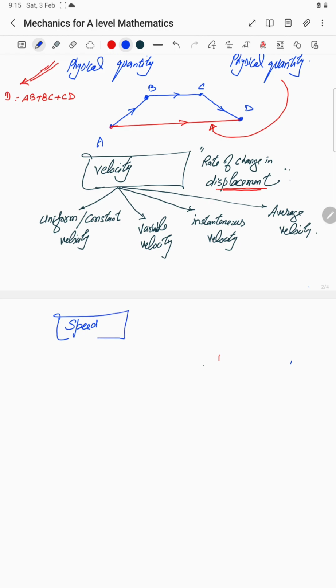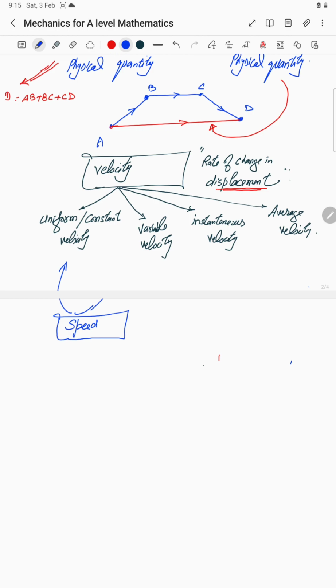So speed also has the same types. Like here I dictated constant velocity, here it will be constant speed.